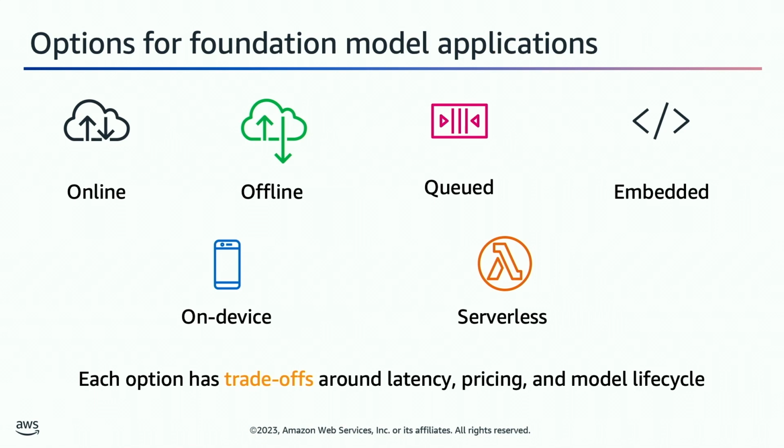And so each of these options has trade-offs. There are trade-offs around latency, how quickly the responses will be. There are trade-offs around how expensive they're going to be. And there are trade-offs around how easy it is to lifecycle the entire model. And so you and your teams will need to figure out which hosting option you're most interested in, and then go from there.